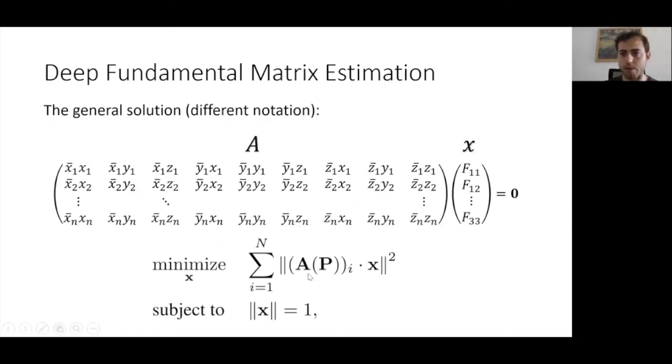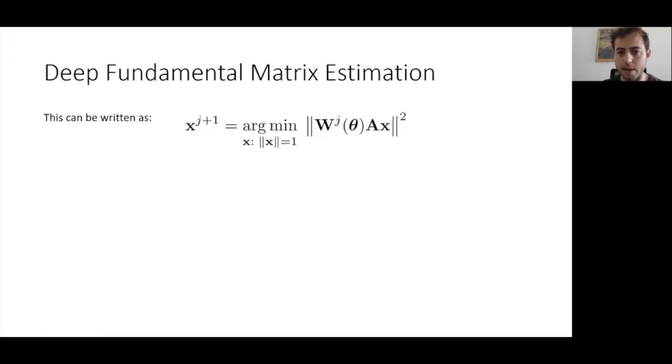We're trying to weight out wrong correspondences, but the diagonal matrix is just a different notation to represent the same thing, where the diagonal elements are the weights that are being learned in this case.